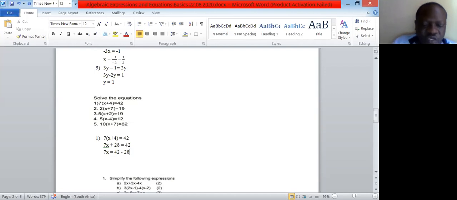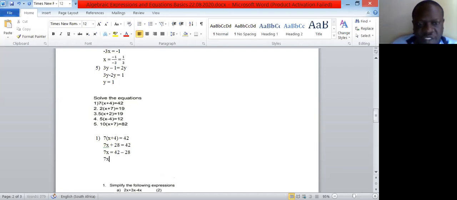So what is 42 minus 28? I'm going to quickly check what is 42 minus 28. 42 minus 28, that's a 14. Right, so 7x is actually equal to 14. And then we have to divide both sides by 7 to get our x.